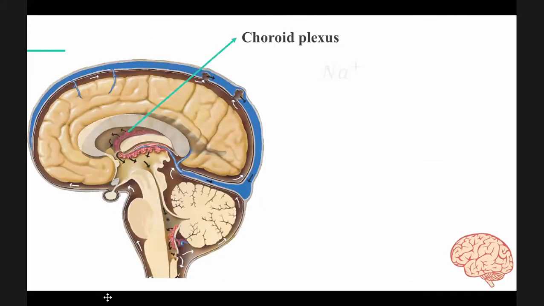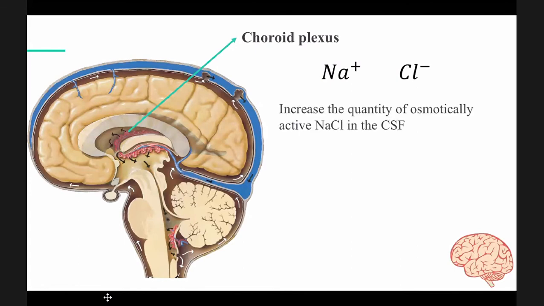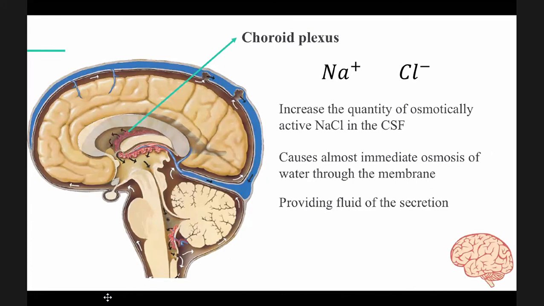All right. So how it's produced, you need to memorize this because we're in physiology, the concentration of electrolytes in the CSF fluid. An increase in the quantity of osmotically active NaCl in the CSF would cause an immediate osmosis of water through the membrane, and this will provide the fluid of secretion.